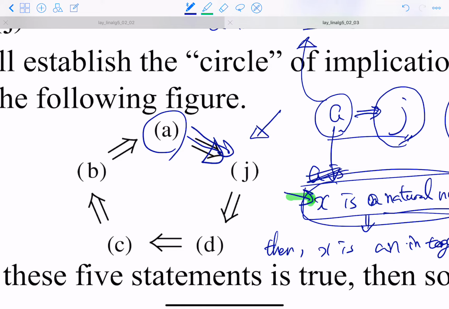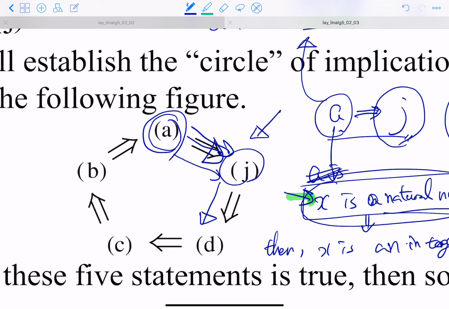Back to this ring. In this case, if A is true then J is true, and if J is true then D is true. This is how we prove some of these theorems.